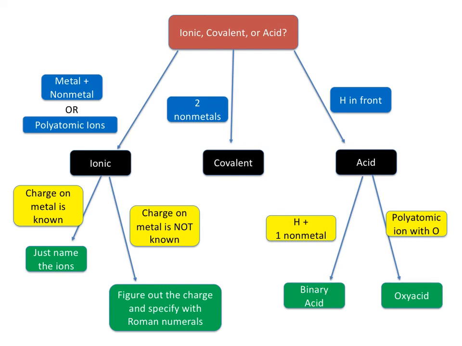If it's an acid with hydrogens coupled with an oxygen-containing polyatomic ion, then we use the oxyacid rules. So use this flowchart or something similar when you're naming compounds to decide which set of rules you need to use. The next several videos break down the different rules that we have for each of these different groups.